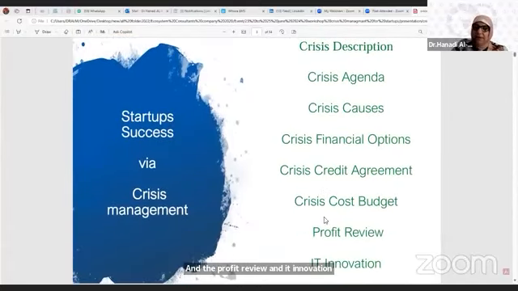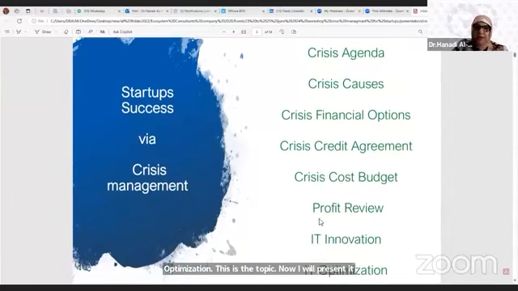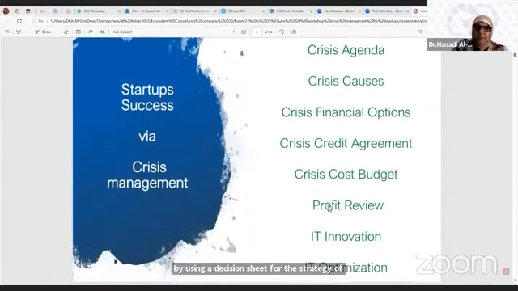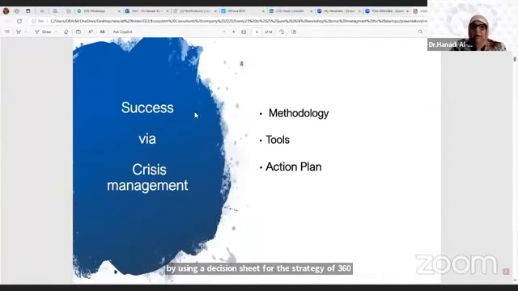This is the topic. Now I will present it using a decision sheet for the strategy of 360 Growth Wheel development. First of all, for success via crisis management, I need to define my methodology. I should have a clear methodology for the crisis.